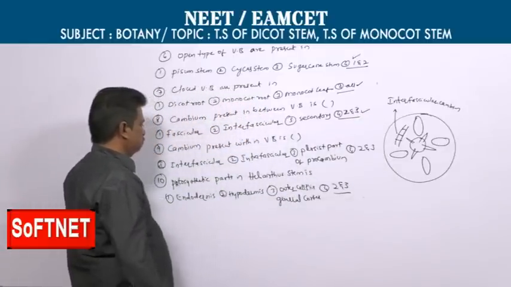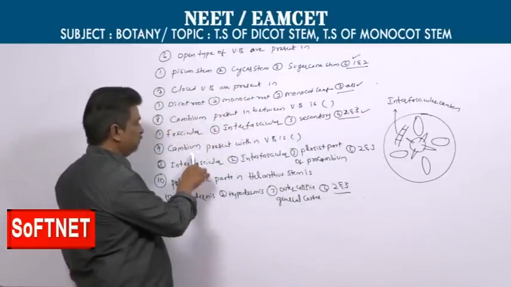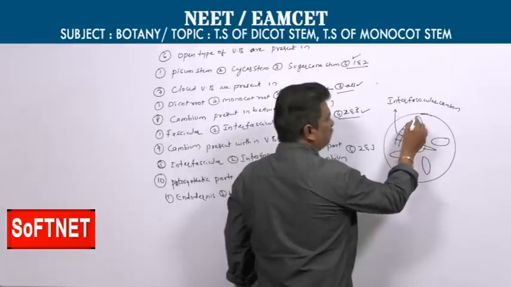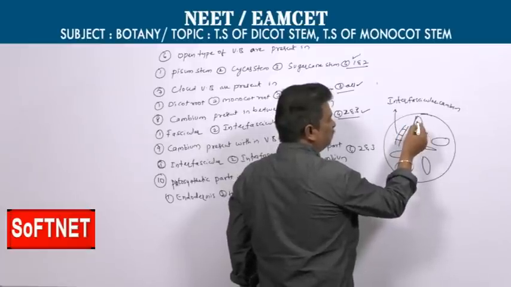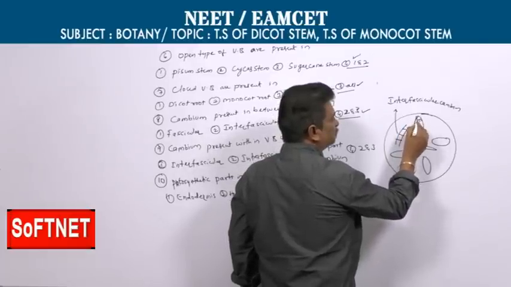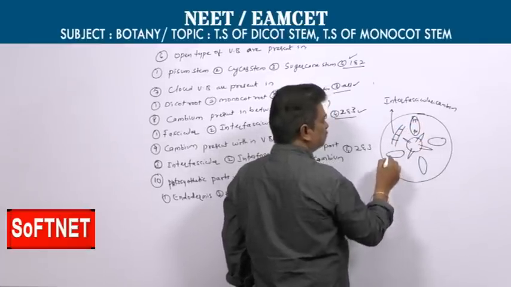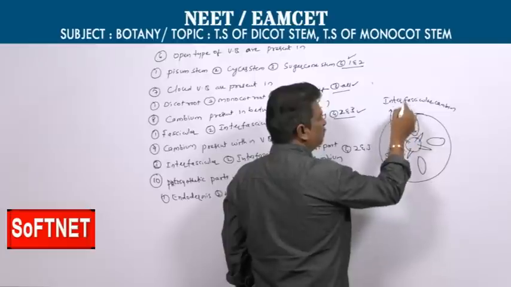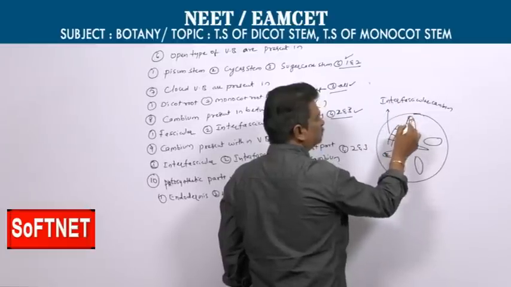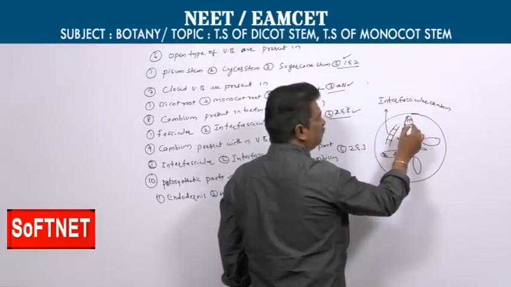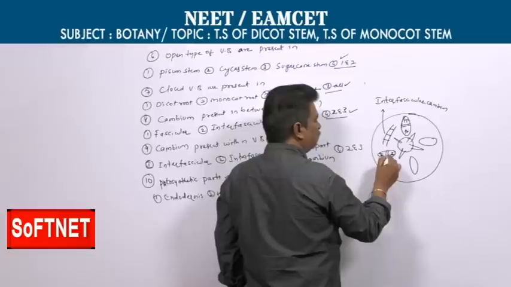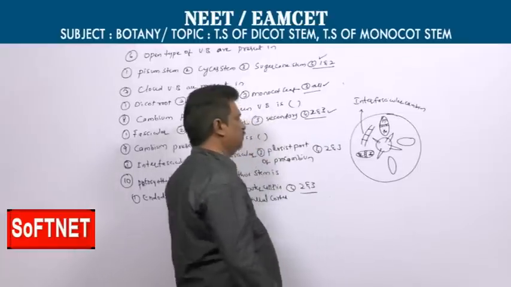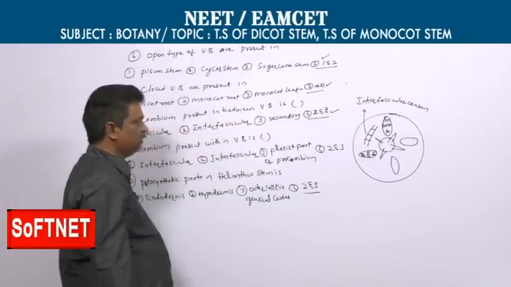The next one, cambium present within vascular bundle. Here, within vascular bundles means actually primary vascular tissues, phloem and xylem. These primary vascular tissues develop from procambium. After formation of these vascular tissues, some amount of procambium persists inside the vascular bundle.